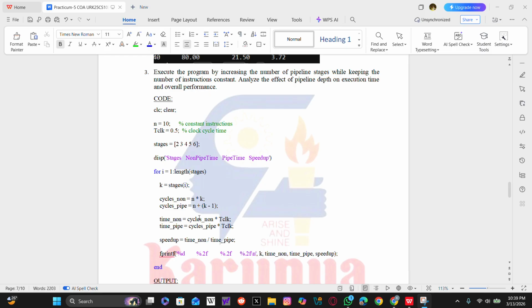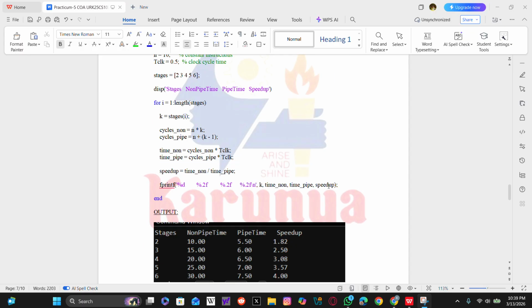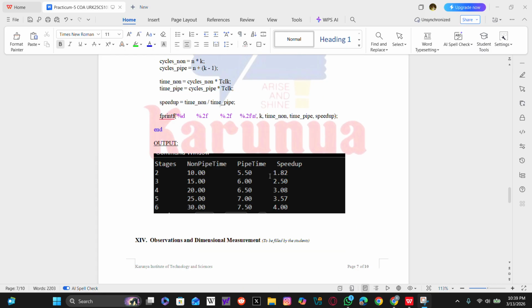Time non-pipelining is cycles non-pipeline times time clock, and time pipelining is cycles pipelining times time clock. We are determining the speed up by time non-pipelining divided by time pipelining, and we are printing out the values of k, time non, time pipe, speed up, and we are determining the output.